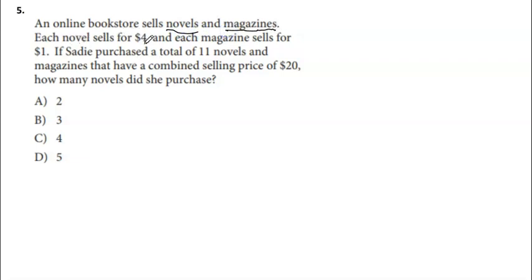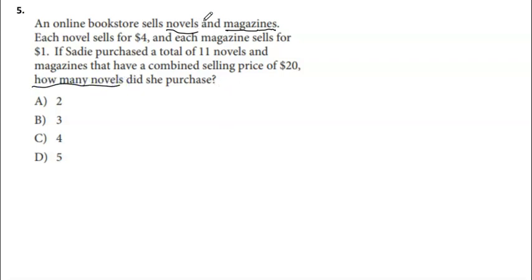Each novel sells for $4 and each magazine sells for $1. If Sadie purchased a total of 11 novels and magazines and have a combined selling price of $20, how many novels did she purchase? Right? It says how many novels did she purchase?